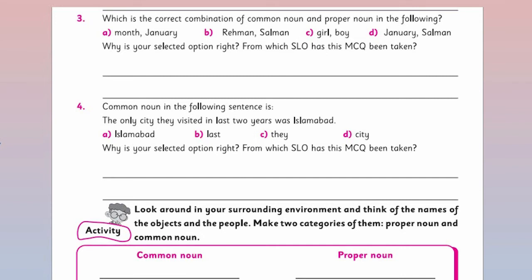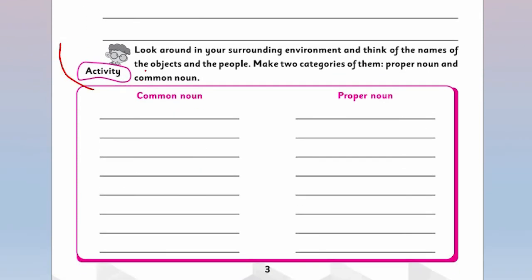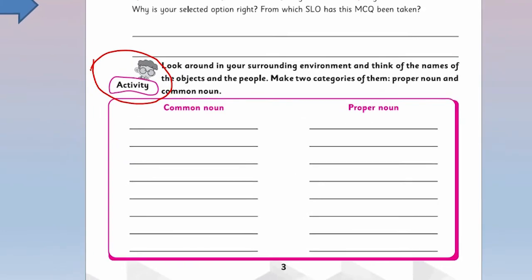Look at the fourth one. Common noun in the following sentence is, you have to choose the right option here and give your reason why you selected the right option. There is an activity here. Look around in your surrounding environment and think of the names of the objects and the people. Make 2 categories of them, proper noun and common noun.